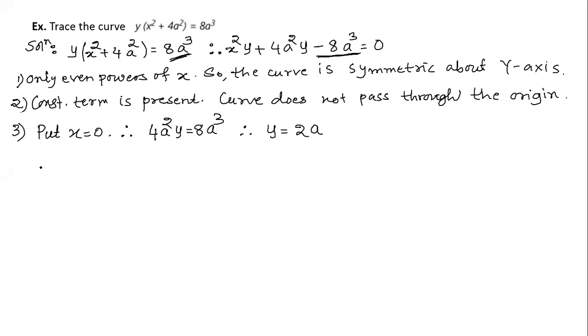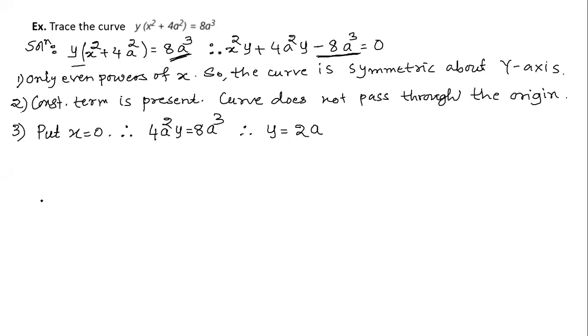So we have got one point, x equal to 0 and y equal to 2a. This is the line y is equal to 2a. This is the point y equal to 2a. As soon as we get some point which is different than the origin, let us try to obtain here.